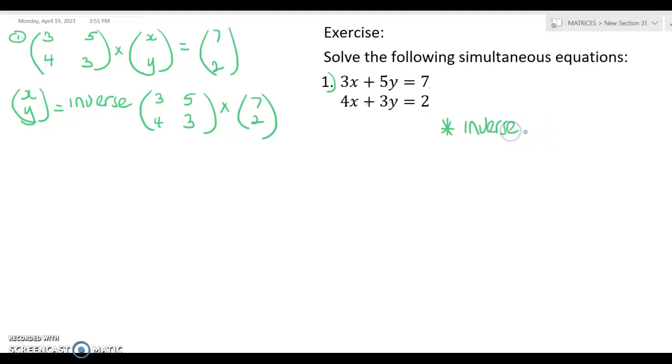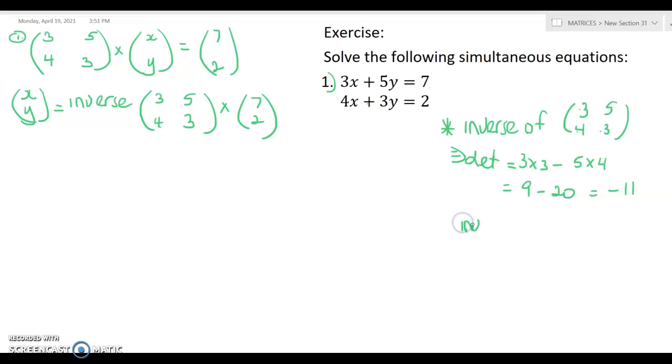So remember the inverse, firstly, we need to find the determinant. The determinant of this matrix is the product of the first diagonal, 3 by 3, take away the product of the second diagonal, 5 by 4, so that's 9 take away 20, which is minus 11.